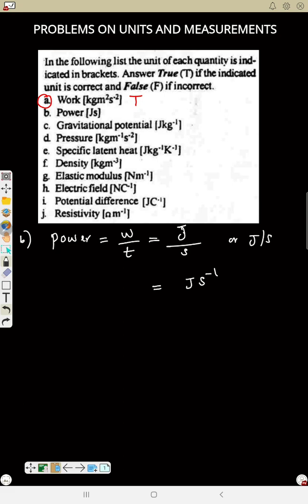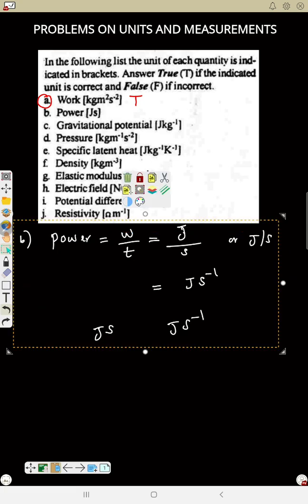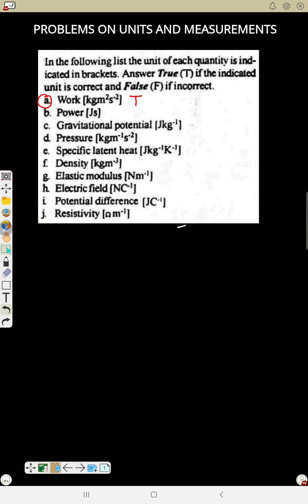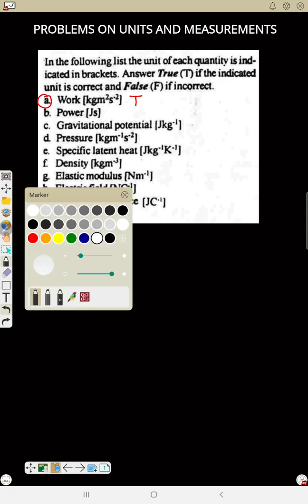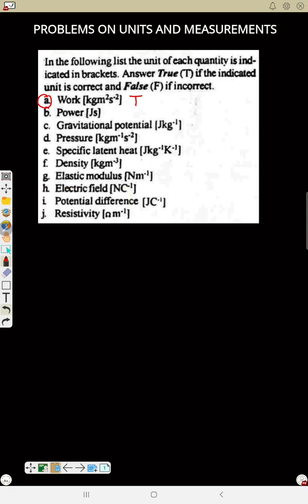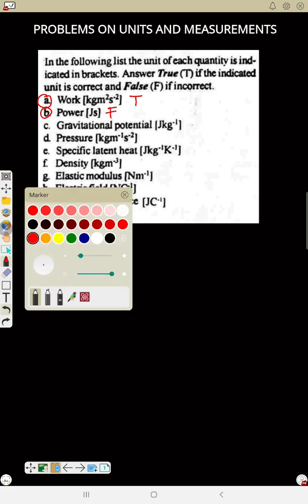Now if you compare with the results there in B, it is joule second instead of it to be joule per second. That means it is force. So the B is force.